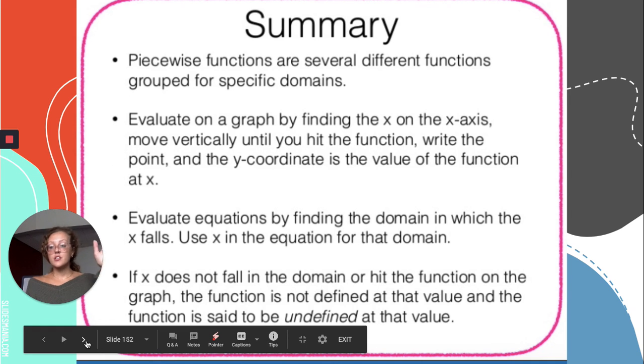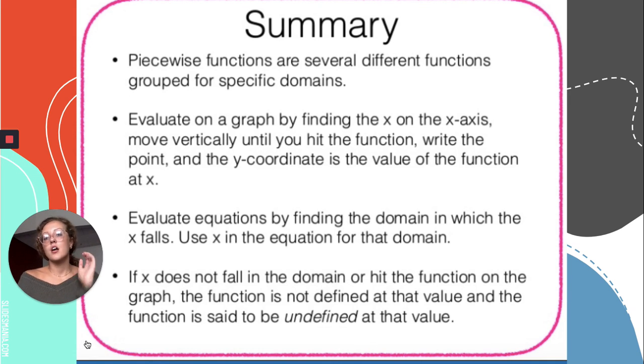All right, so here's a summary of what we've done so far. Piecewise functions are a bunch of different functions grouped in different domains. Remember, domains are x values. You can evaluate a piecewise function on a graph by knowing what the input is, going to that on the x-axis, then going up or down till you hit the function, and then going to the y-axis, and that's your value.